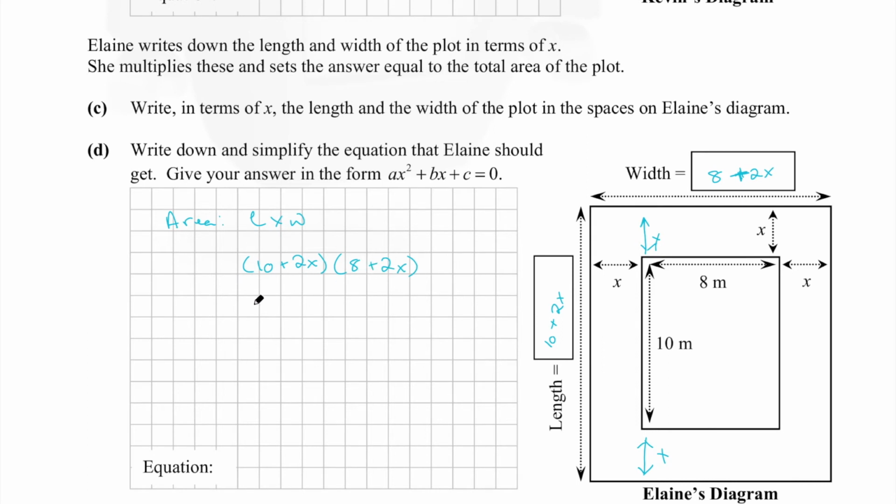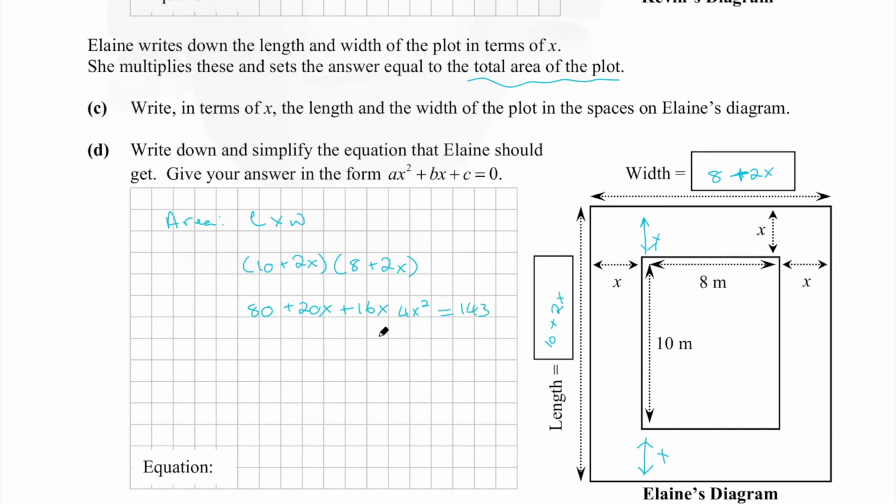So I'm going to get 10 by 8 is 80, 10 by 2x is 20x, 2x by 8 is 16x, and then I'm going to have 4x squared here again. Now, they say that she lets that equal to the total area of the plot as well. So she lets that equal to 143 as well.